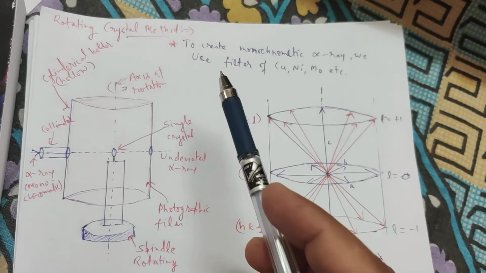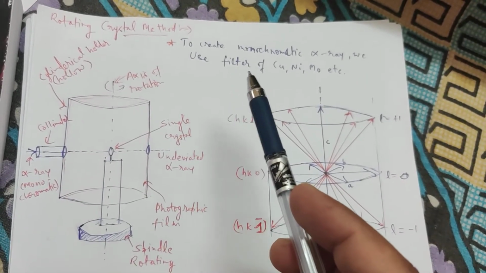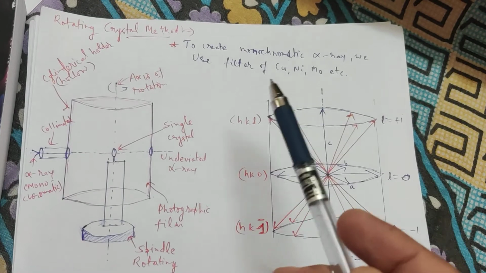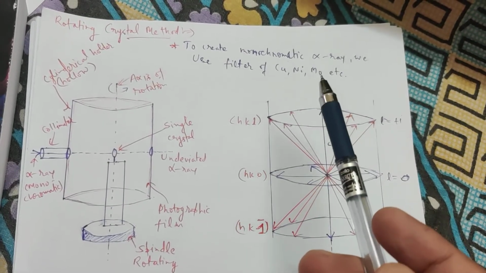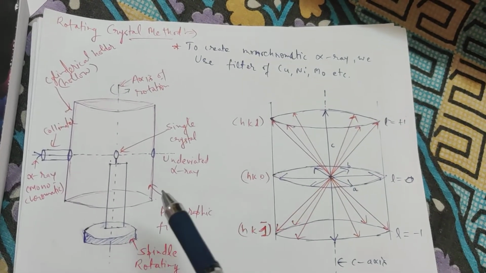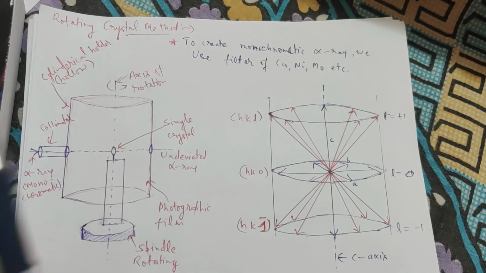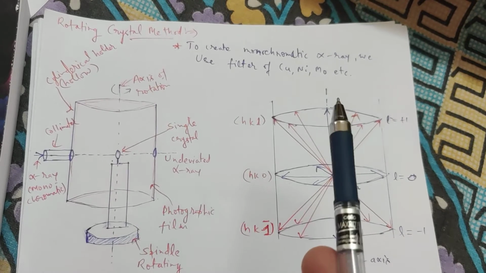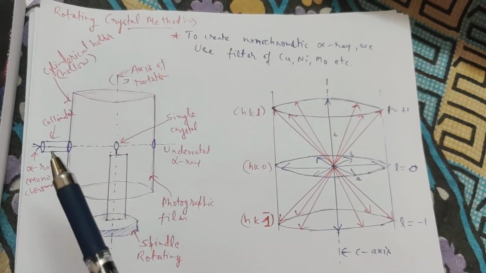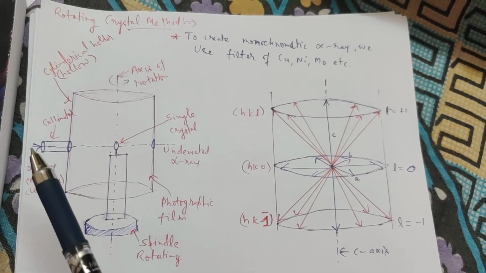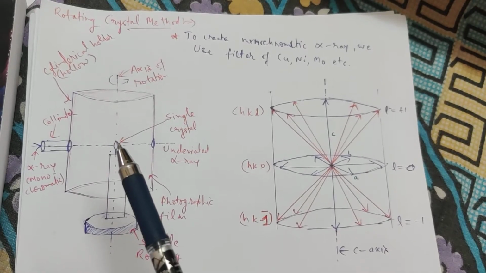This is made by using filters composed of copper, nickel, molybdenum, etc. And we will take a single crystal which has dimensions of 1 millimeter by 1 millimeter by 1 millimeter, and a monochromatic X-ray is made incident on this single crystal.